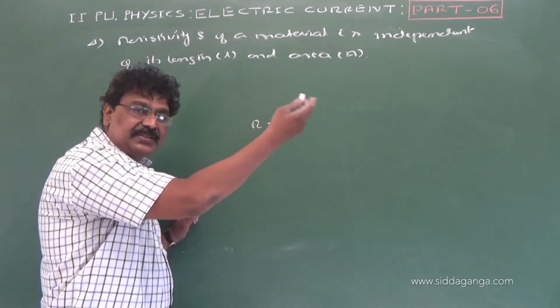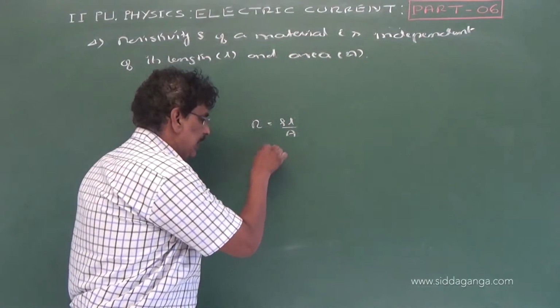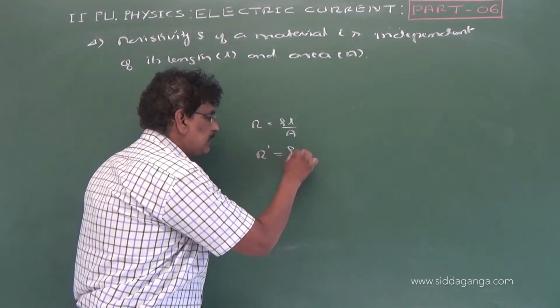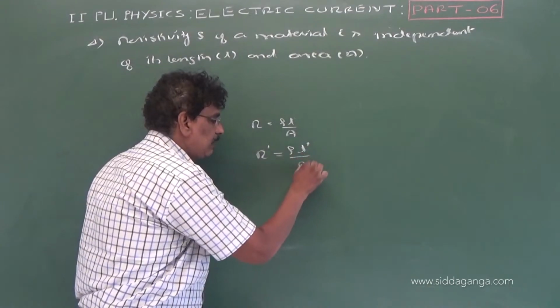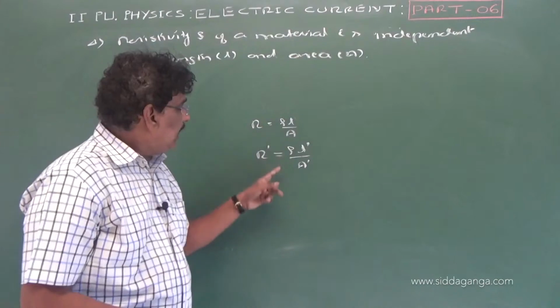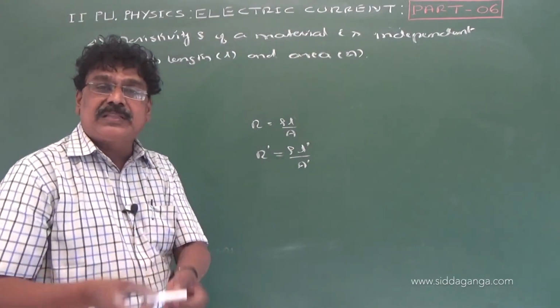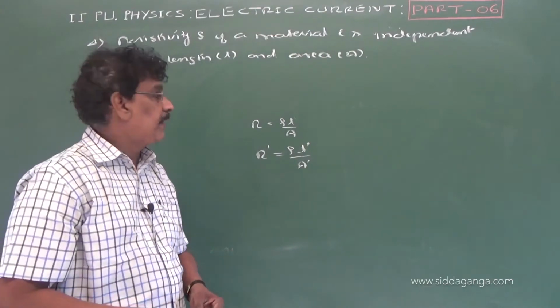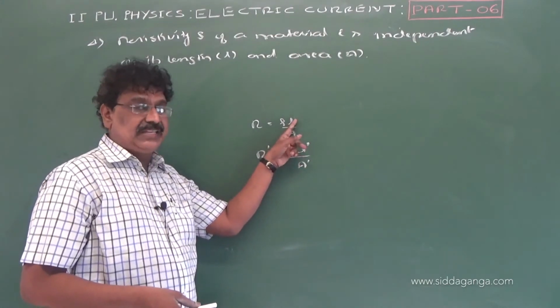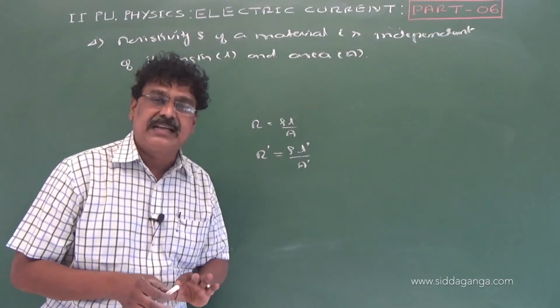Suppose L' is the new length and A' is the new area, then the new resistance R' = ρ L' by A'. That means resistivity ρ is the same in both cases, because in both cases it is copper only. But as length and area change, the resistance of the conductor changes.